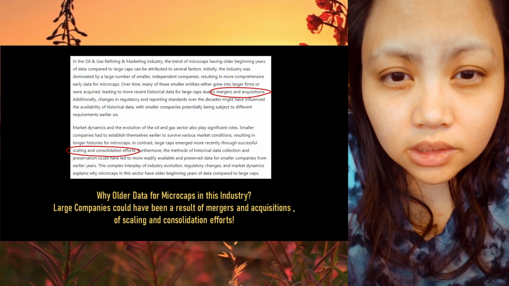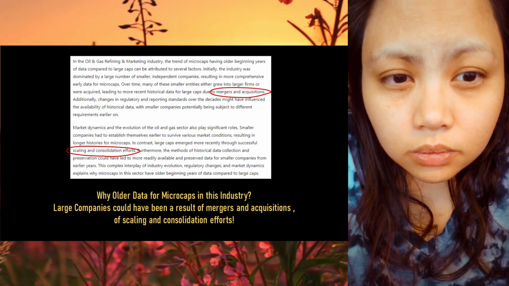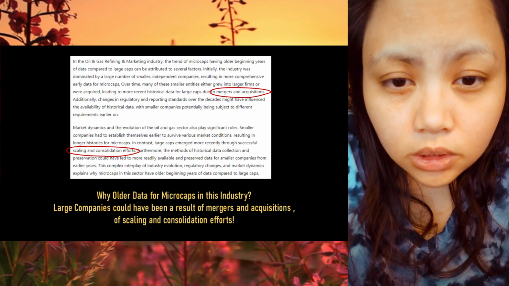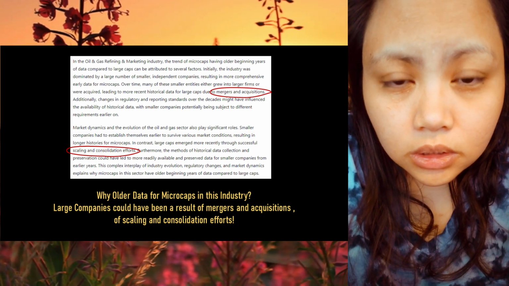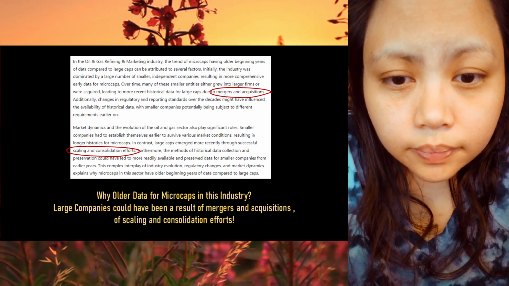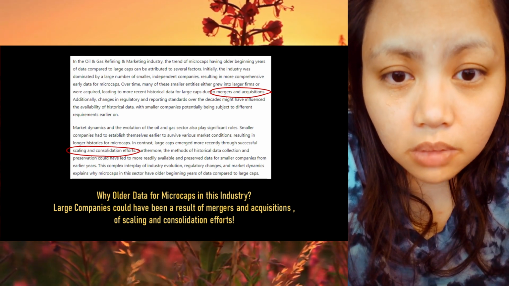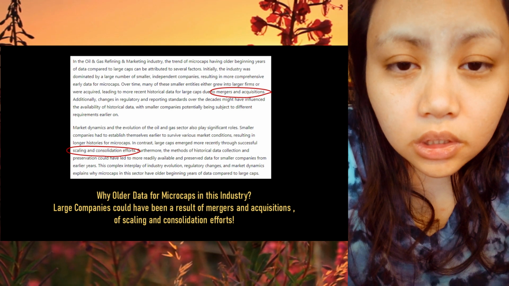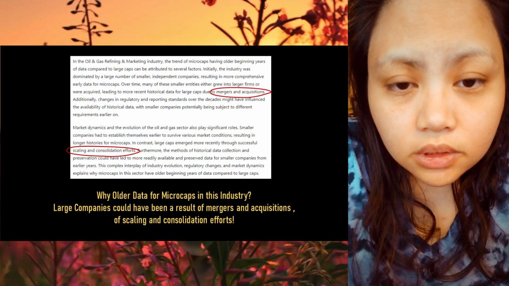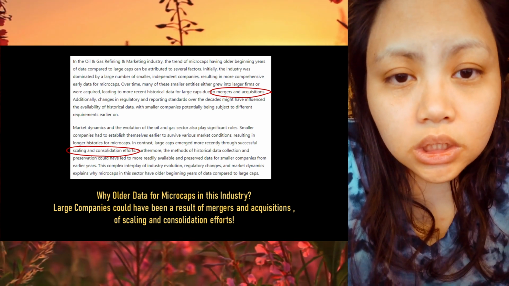There might not be much expansion opportunity for some of these companies. Maybe these companies do not scale as much, and so the large companies are a consolidation or mergers and acquisitions of other companies. That could be one possible explanation.